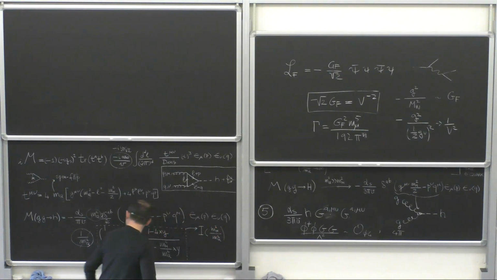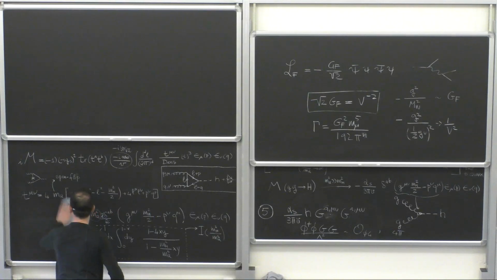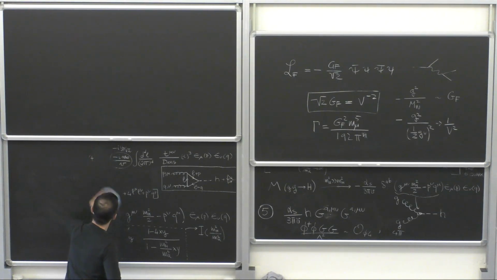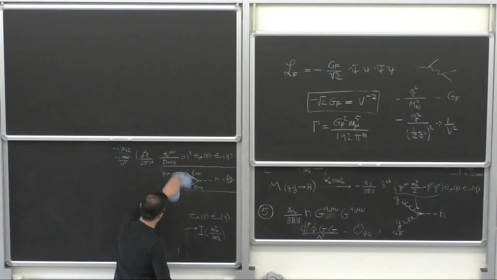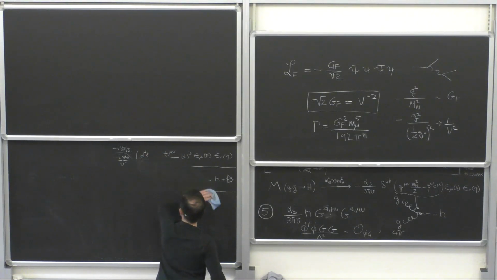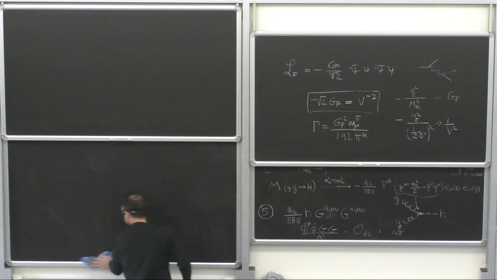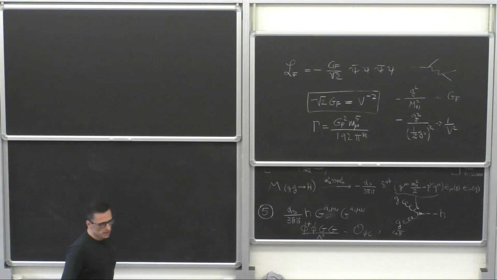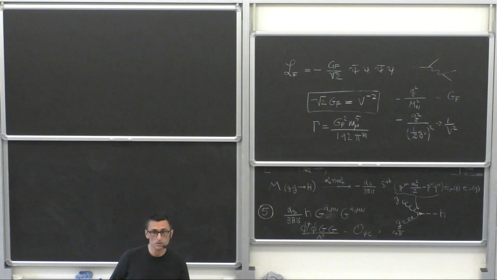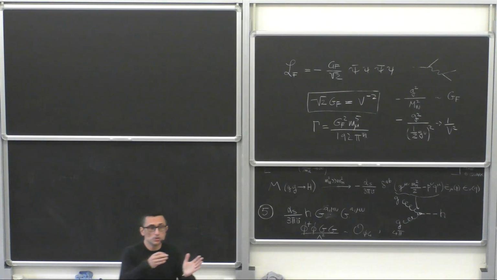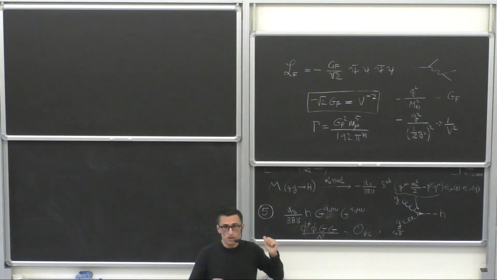So the idea is, okay, I integrate out the top. Why would I do that? Well, doing loops can be fun, but can also be very expensive and very difficult if I want predictions which are more accurate. Because now to go to next-to-leading order in the Higgs production, I need to go to 2 loops instead of 1.